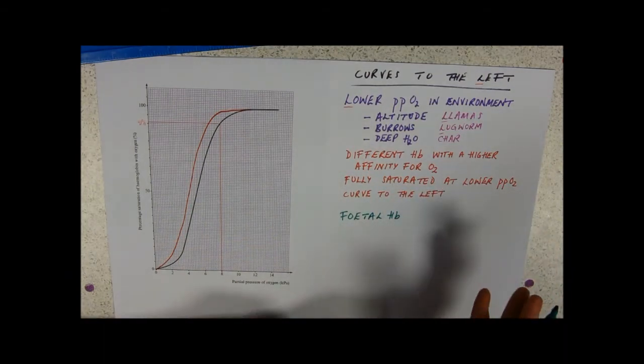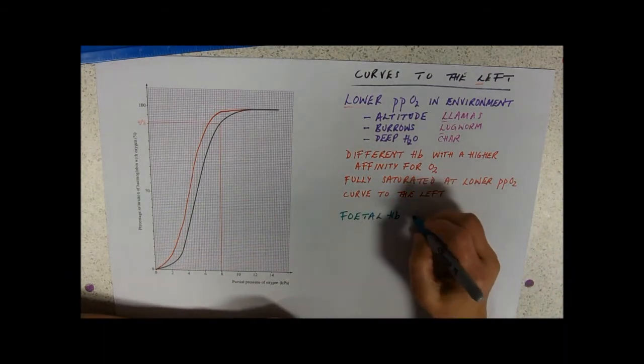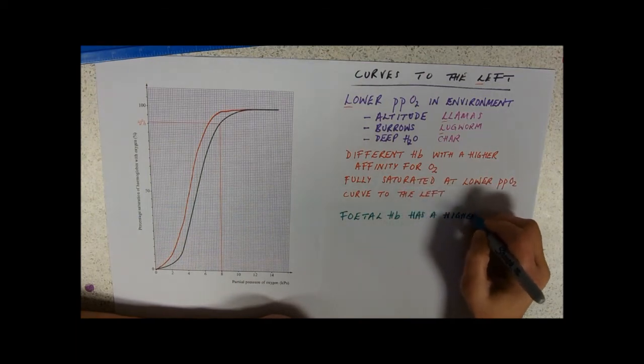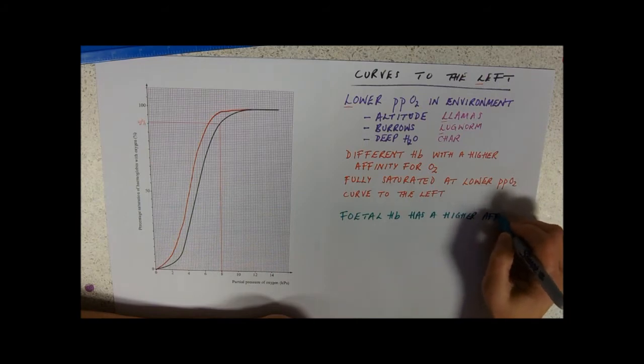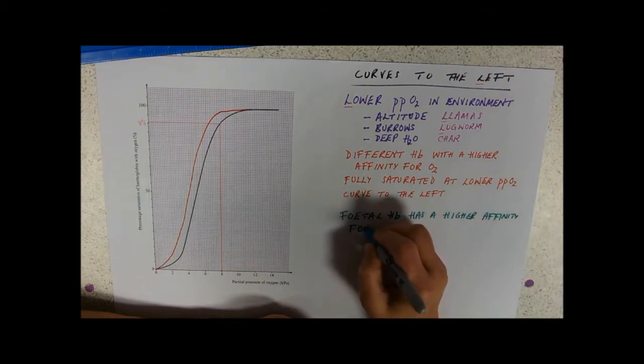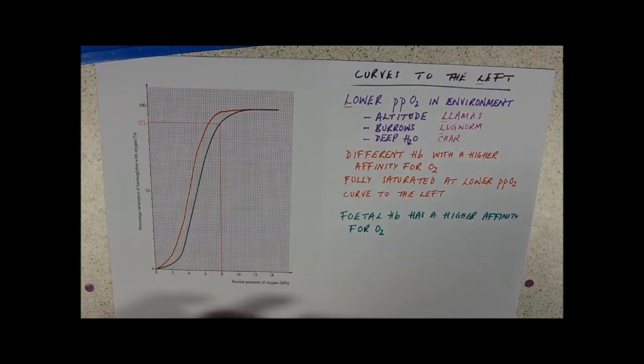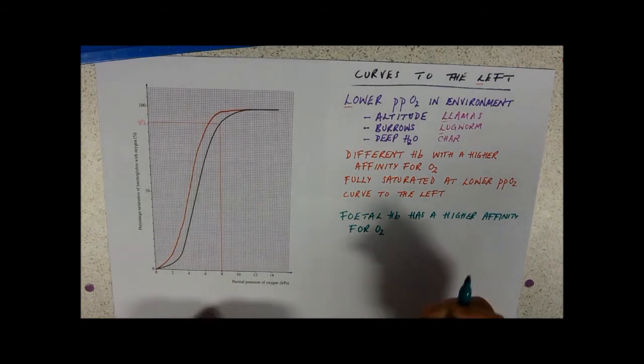So again, different sort from adult haemoglobin. Has a higher affinity for oxygen. And the reason for that, if you think about this sort of curve, so its curve is to the left.